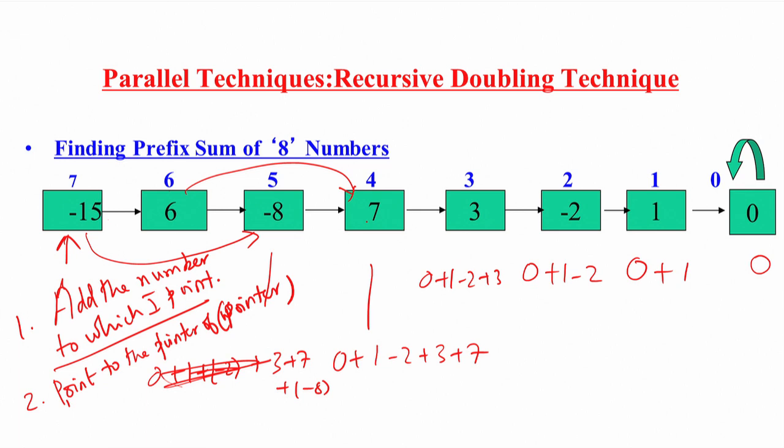If I keep doing it, please note that at the end of the first step, I am pointing to an element which is 2 power 0 away from me, and I have added 2 elements.